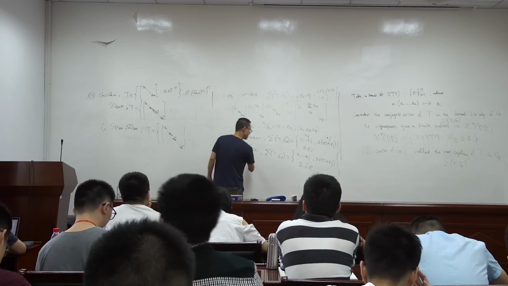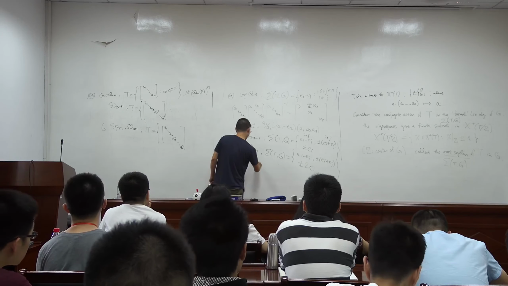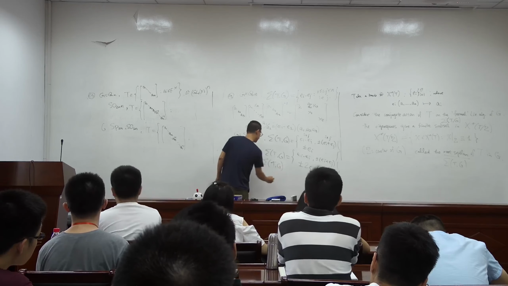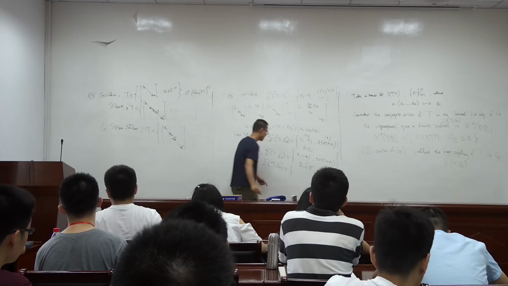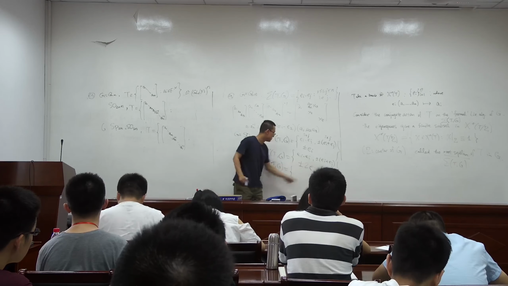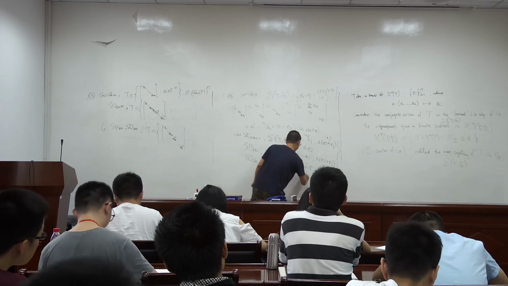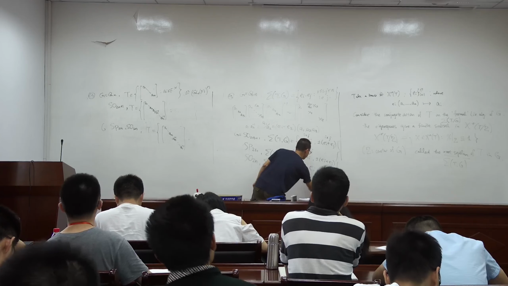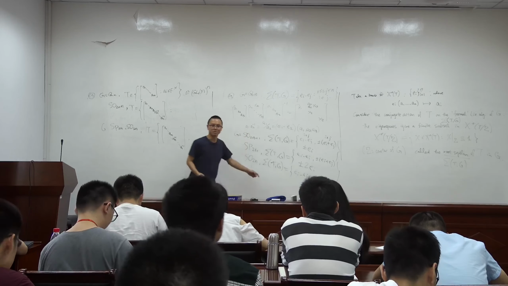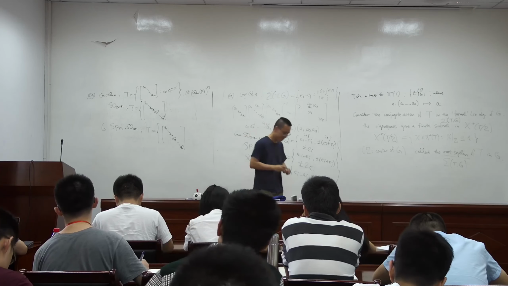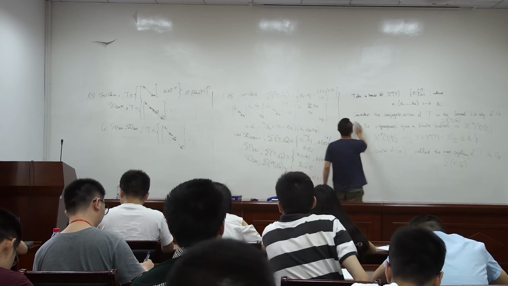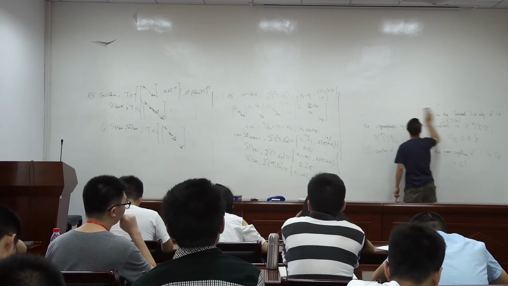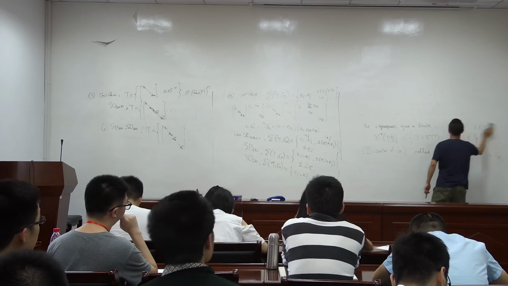And for the special orthogonal group in even size, somehow these 2 EIs are gone. So EI minus EJ, plus minus EI plus EJ. I'll repeat it here.